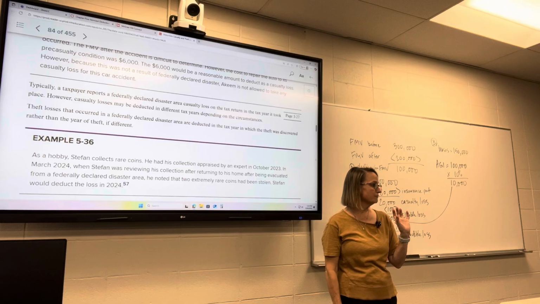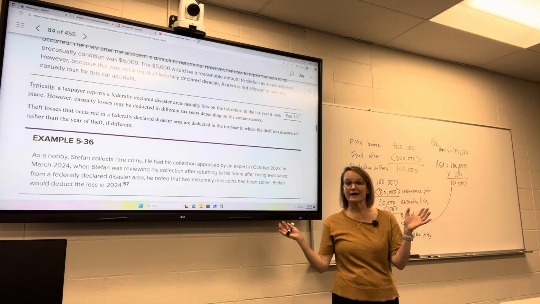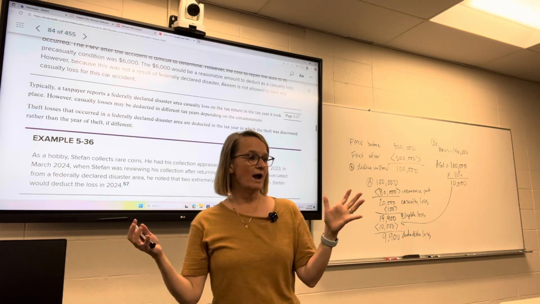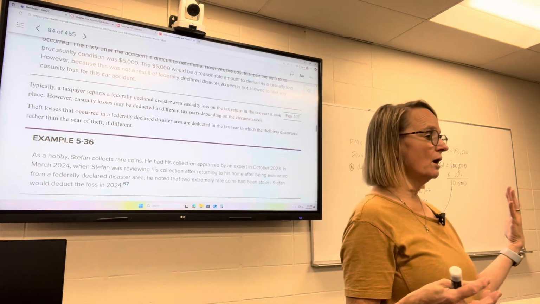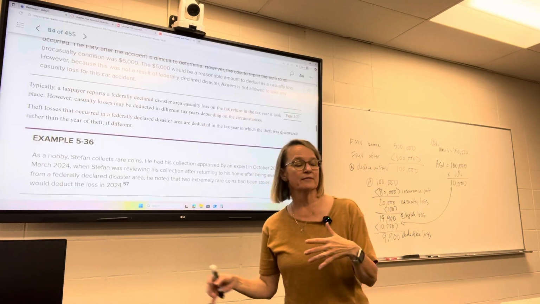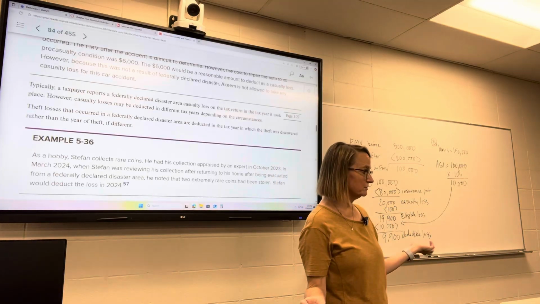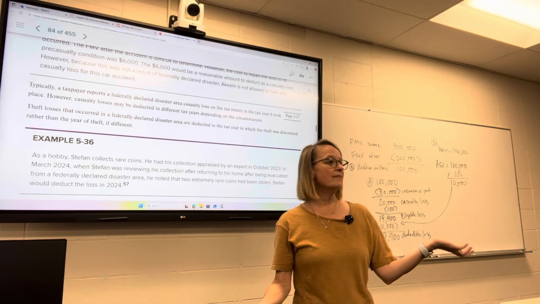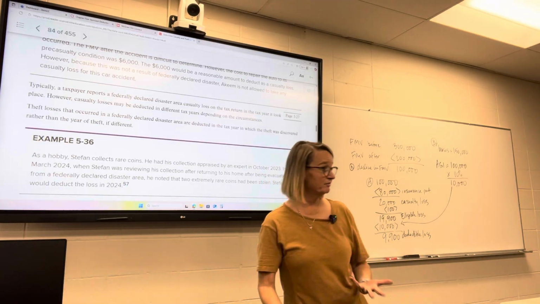Say there were some riots, not that that would ever happen, and there's looting that goes along with those riots. The riots cause damage, and the area is declared a presidentially declared disaster area, and then looting occurs. That would be theft, right?